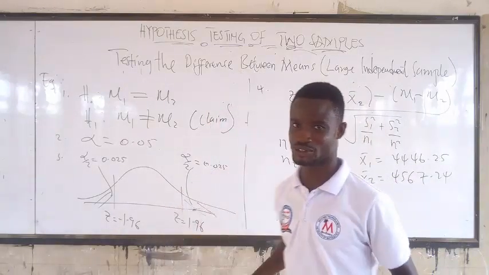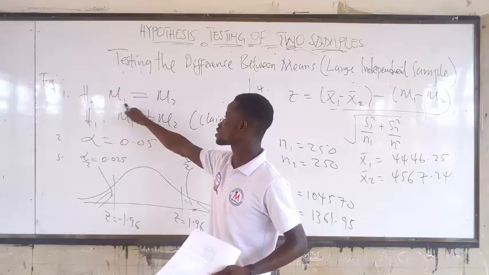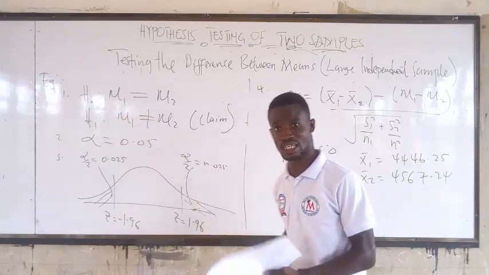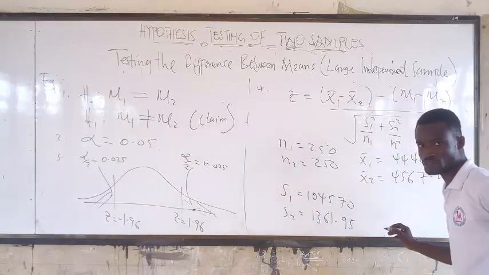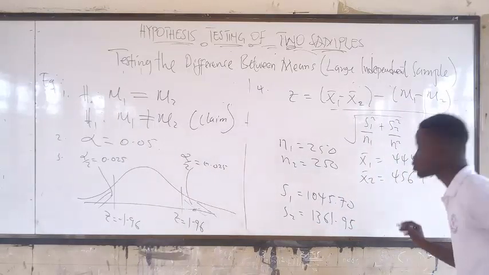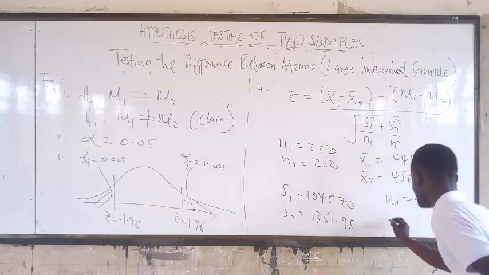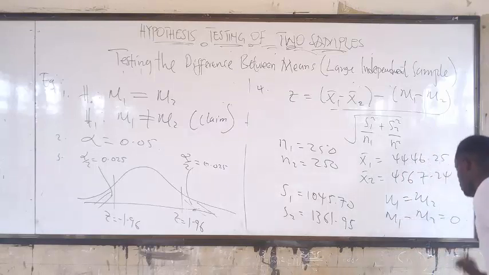I love you, I don't want you to be misunderstood. We are saying that mu1 is equal to mu2, from the hypothesis. That means, are you watching? If mu1 is the same as mu2, it can be written as mu1 minus mu2 is equal to 0.